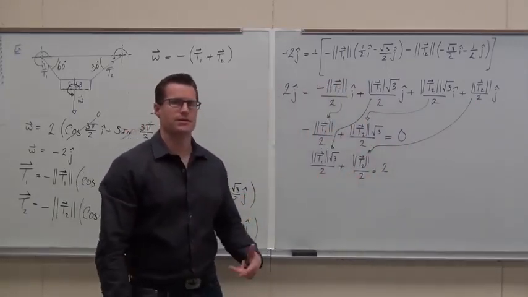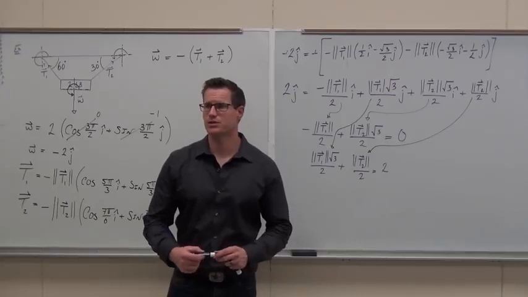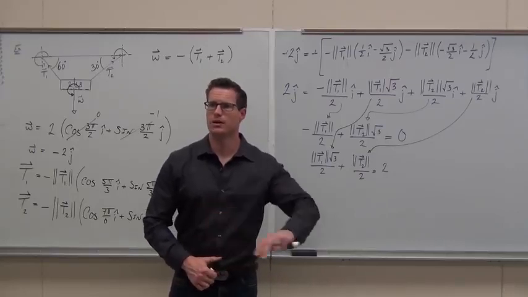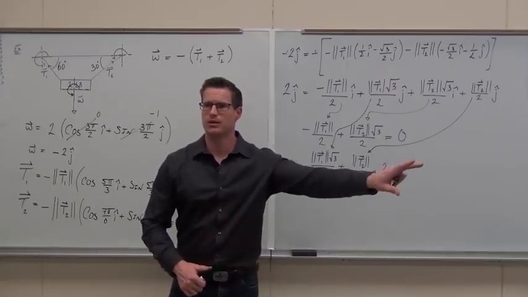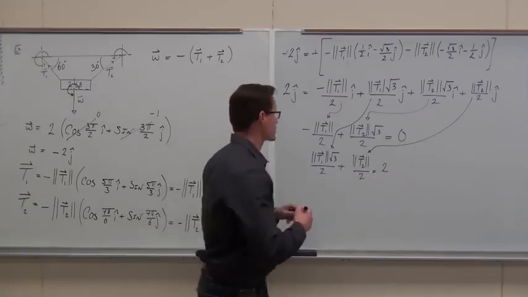This right here is nasty, but it is a system of equations. Number one thing you're doing right here, multiply everything by 2. Please multiply everything by 2. Get rid of your fractions.